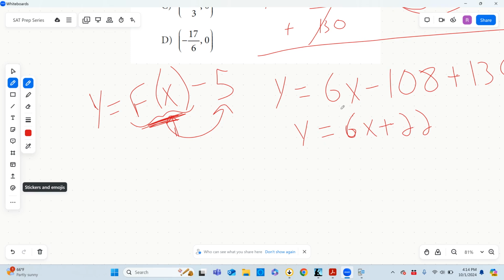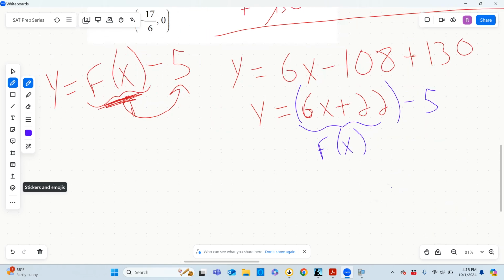So why don't I go ahead and do that? If this is my function, f of x, and I want to shift it down 5 units, once I have plugged in for x and found a y value, I should subtract 5 from that, right?